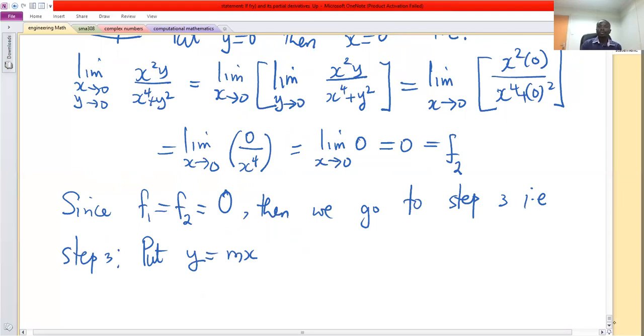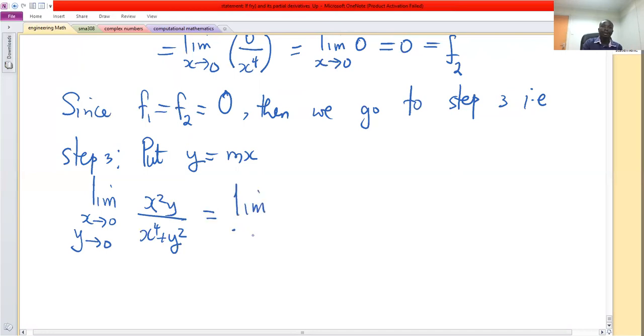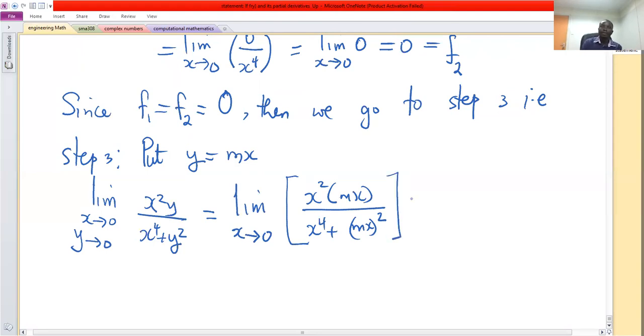This means that the limit as x approaches 0, y approaches 0 of x squared y over x to the power 4 plus y squared becomes a limit with just a single variable x. This will be x squared, while for y you put mx, over x to the power 4 plus mx squared. This is the resulting function, the limit as x approaches 0.